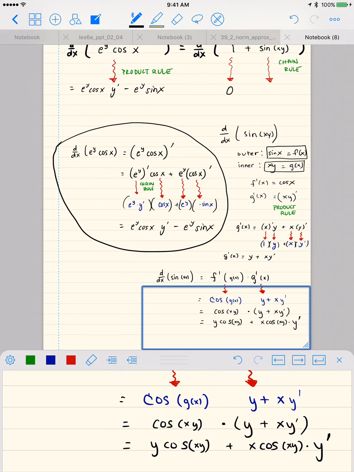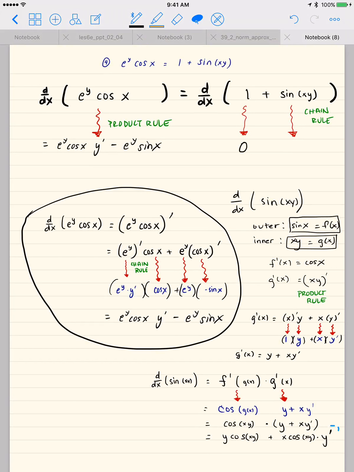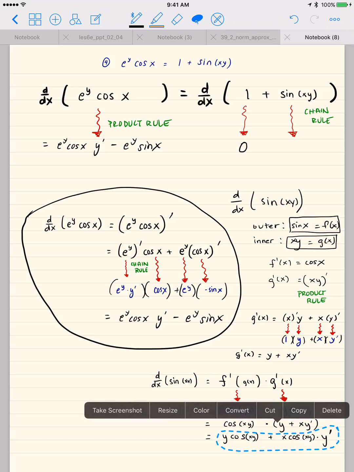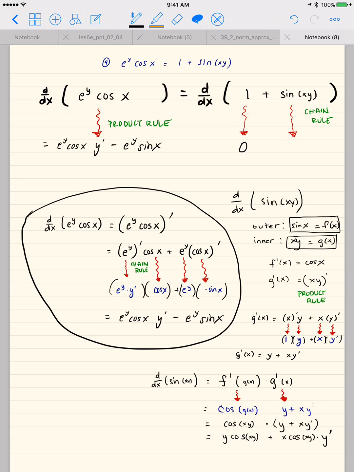So now, I'm going to try really hard to copy and paste. Okay, I did a good job. So this down here is the chain rule here, right? So altogether, what will we be doing? We'll have this left-hand side is equal to 0 plus this.